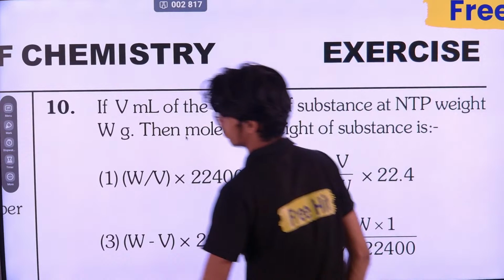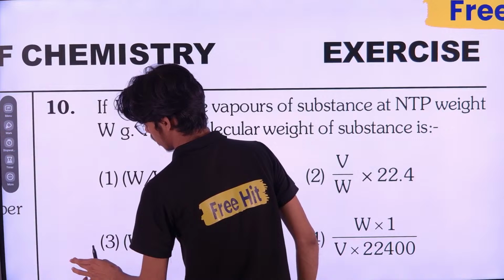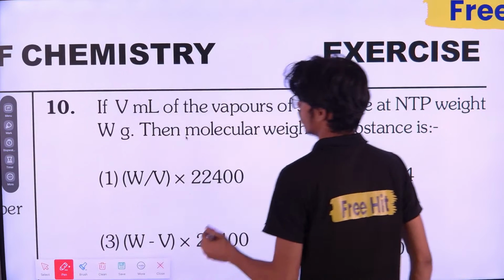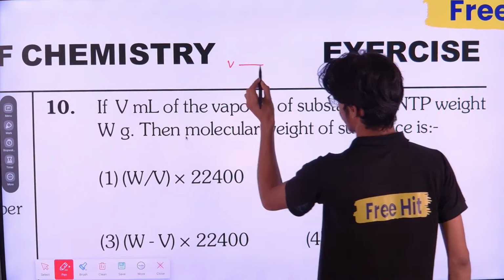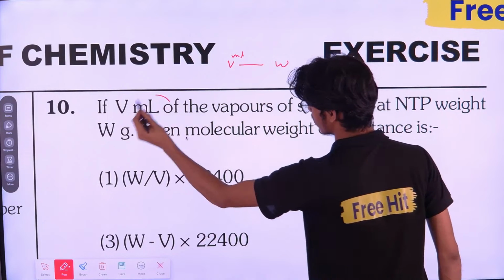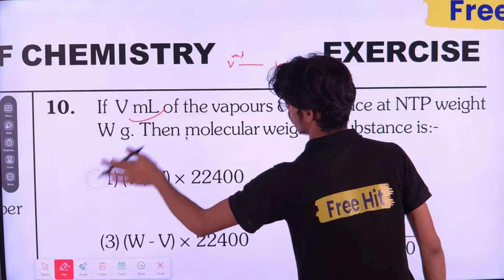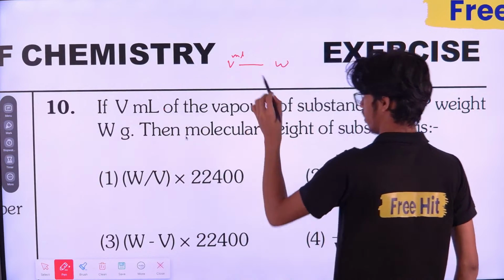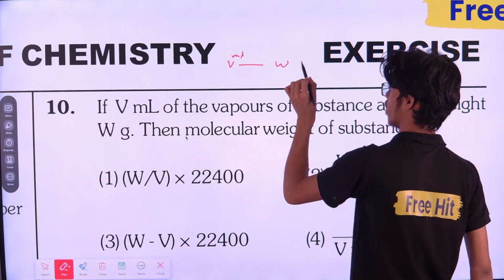Done. Okay. See, the logic is very simple. I'll tell you the logic. V milliliter occupied, remember, this is milliliter, not liter. Understandable? Now, V milliliter weighs 12 grams.